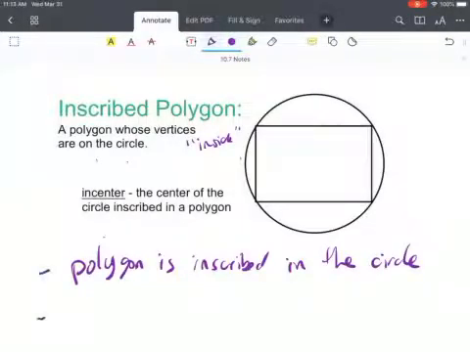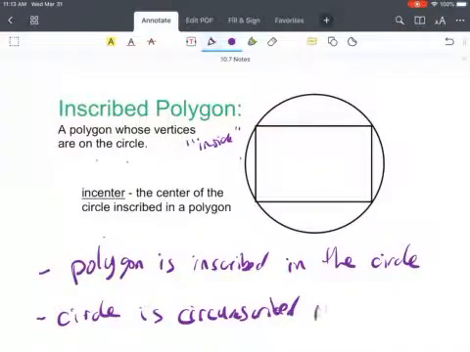You could also say that the circle is circumscribed about the polygon. So the circle goes around the polygon, or the polygon is inside of the circle.